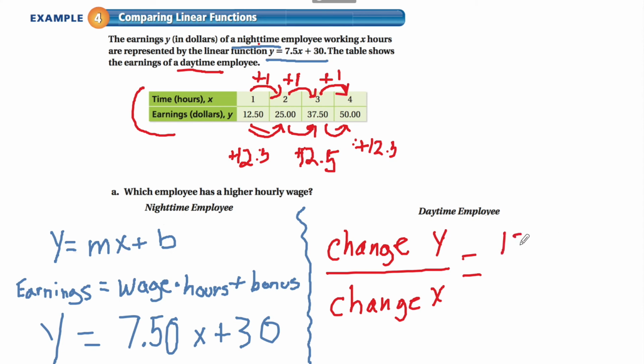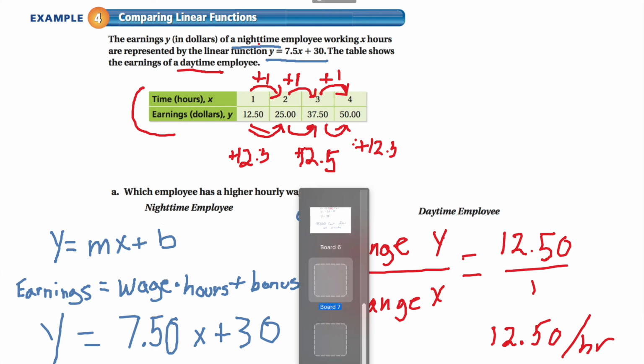So his change in y is 12.50, and his change in x increases by 1 hour. So it's 1. So he makes $12.50 an hour, while our nighttime employee makes $7.50 per hour. So the daytime employee has a higher hourly wage.